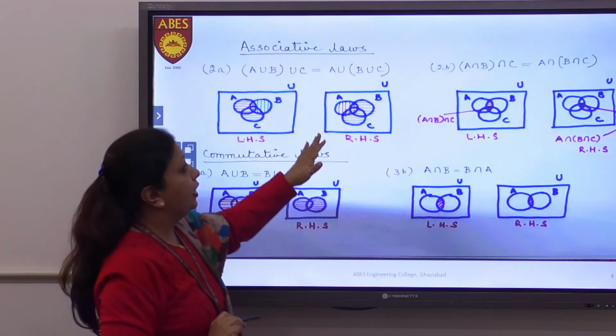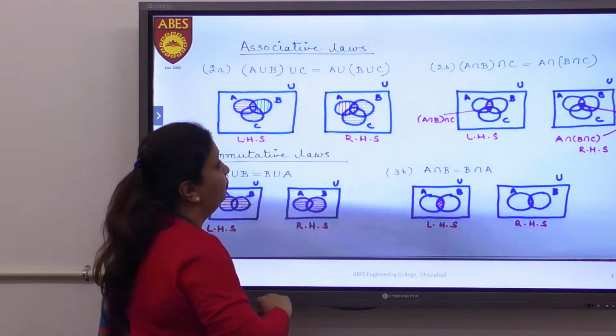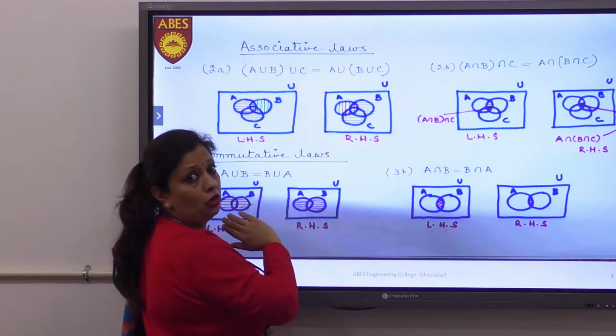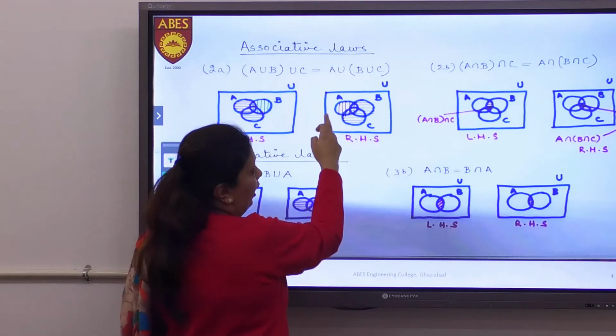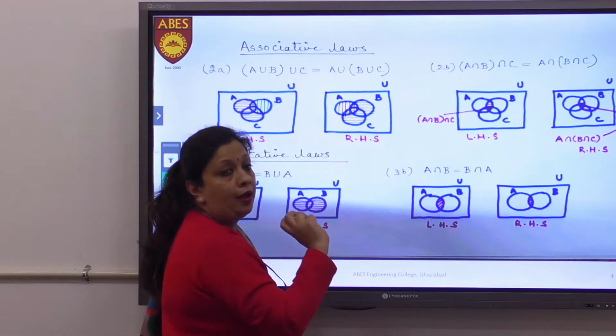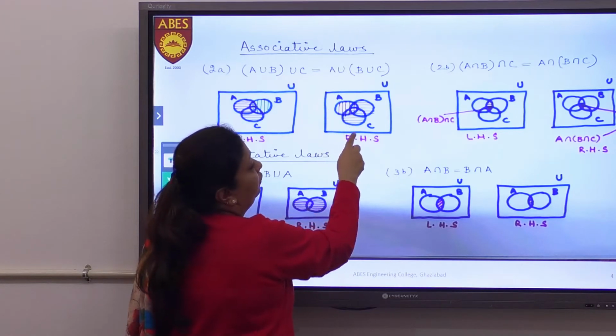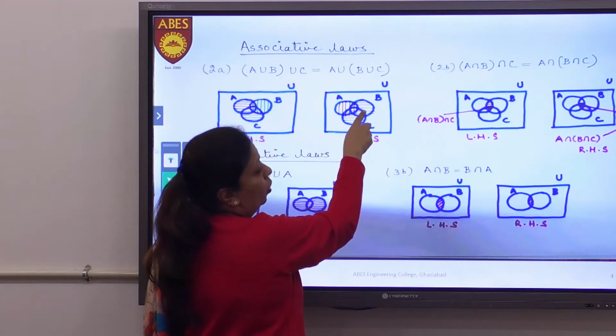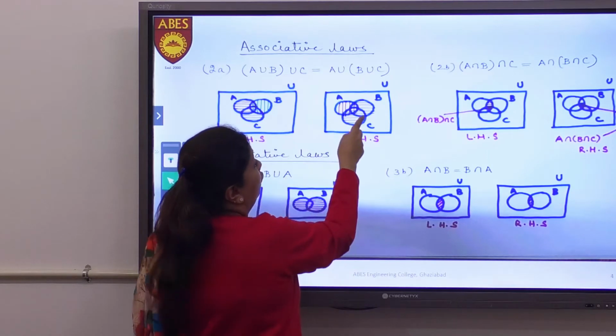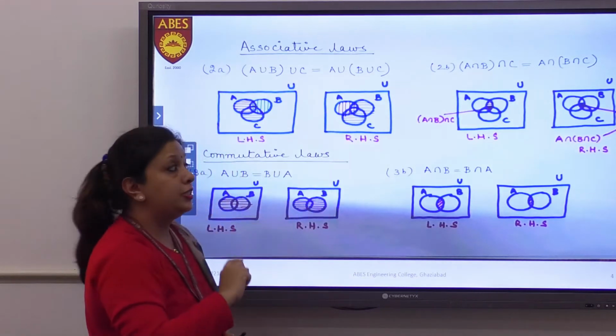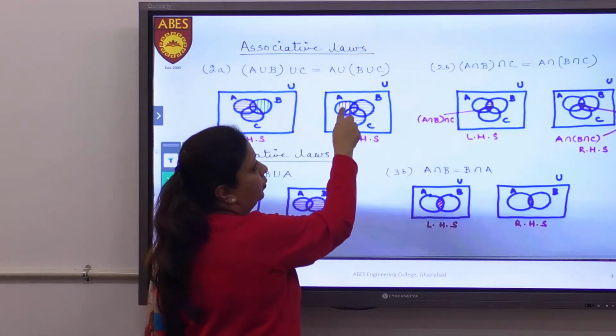On the right hand side, I have again tried to verify the right hand side of the law for union operation. So again, when I draw the Venn diagram and apply union operation on B and C, we will get this region which is shaded with horizontal lines. Then while I apply union operation on set A, I have used the vertical lines.